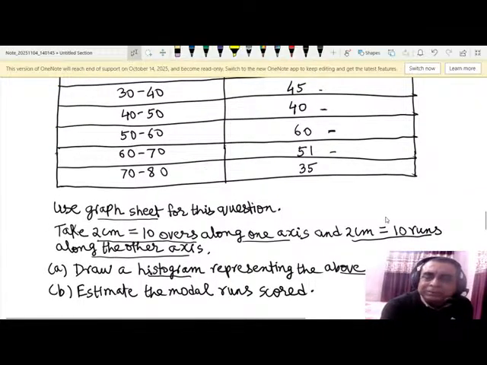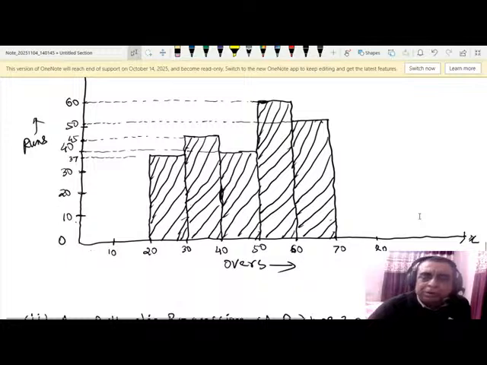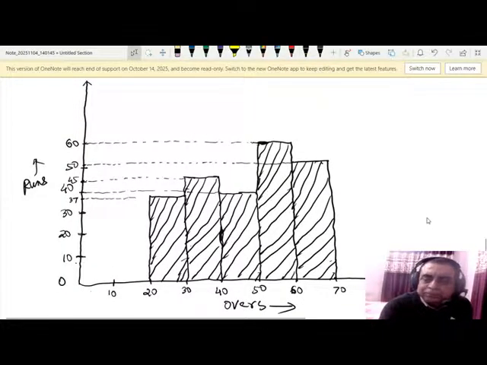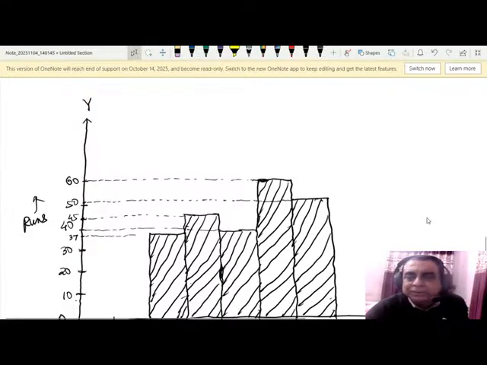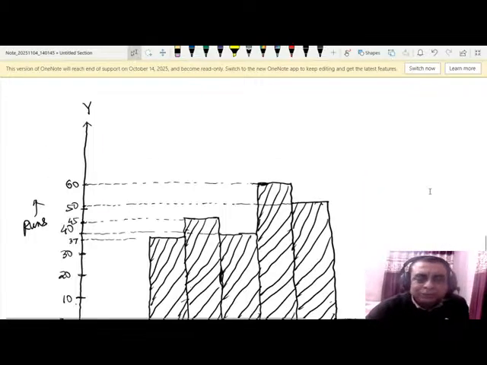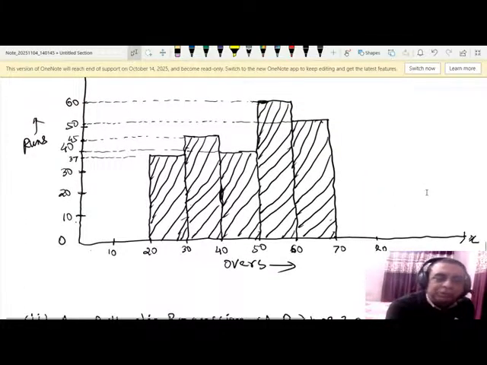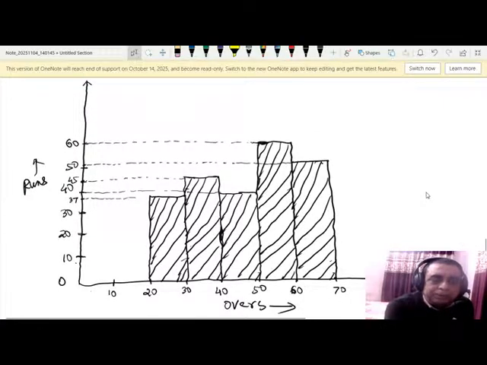Now next, first you shade this bar, and last is here. 70 to 80 is 35 runs. So you have to draw a bar rising from 70, dropping at 80, up to the 35 mark. That is the fifth division over 30. If there are 10 small squares between 30 and 40, the fifth division over 30 will be 35.